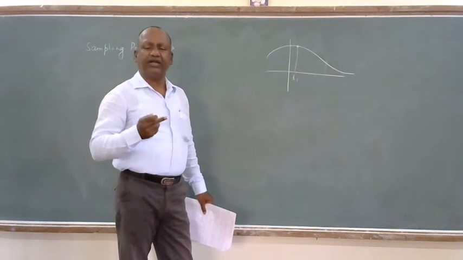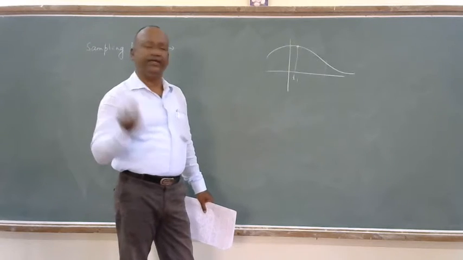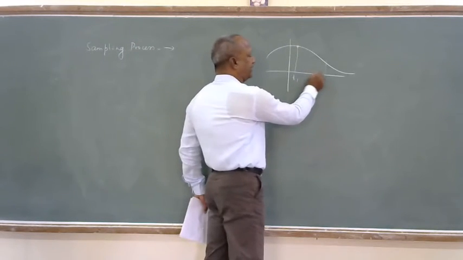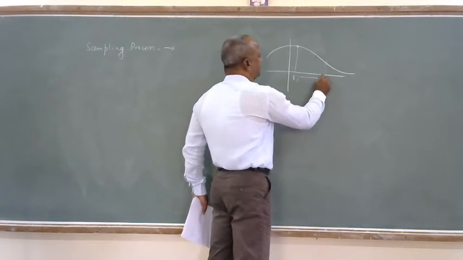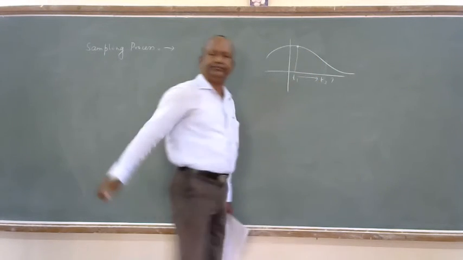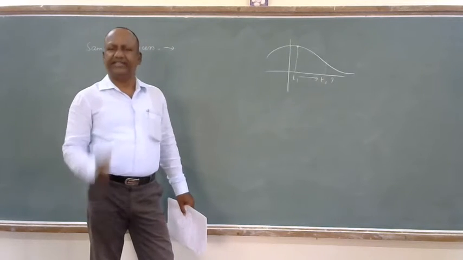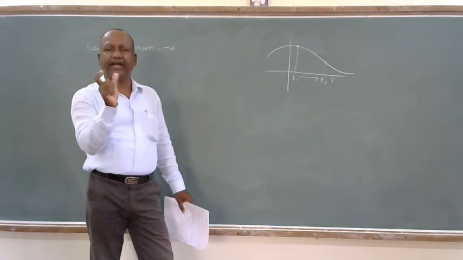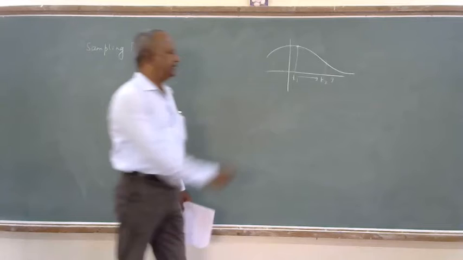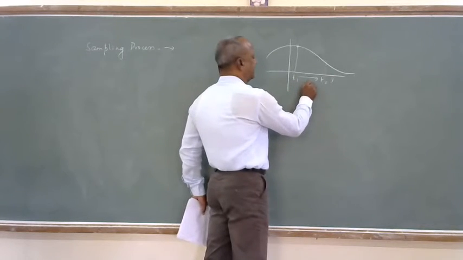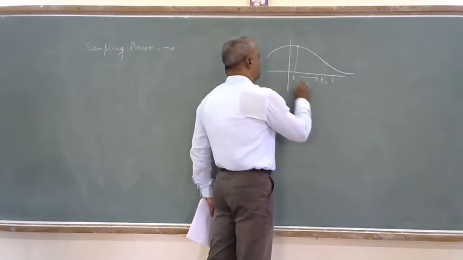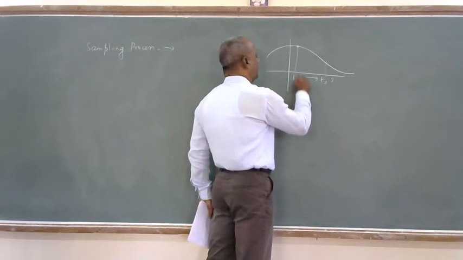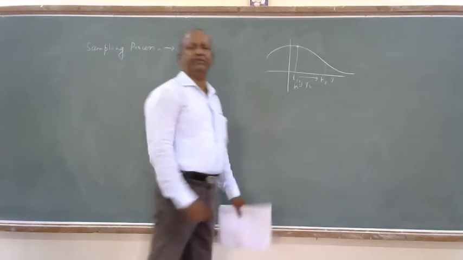So next, at what instant do I need to take T2? Is T2 here, here or here? What is the next T2 position? That gap is called TS, the sampling period, and Fs equals 1 by Ts is the sampling rate.